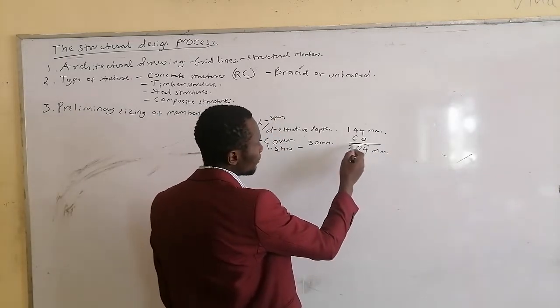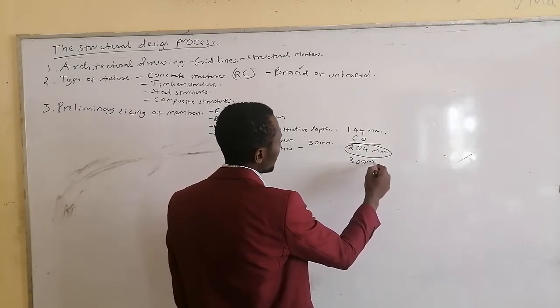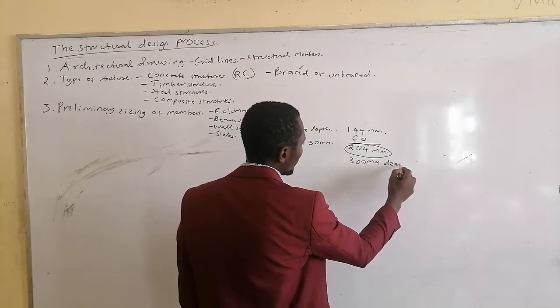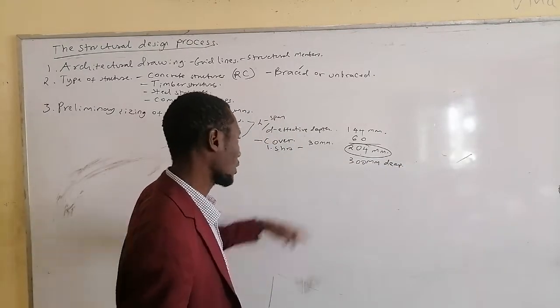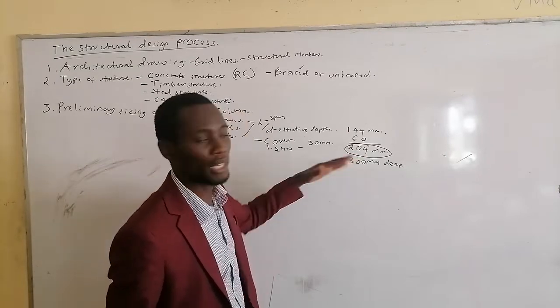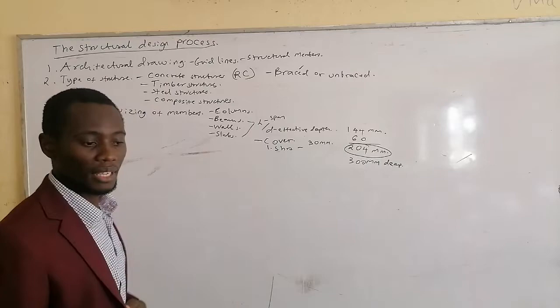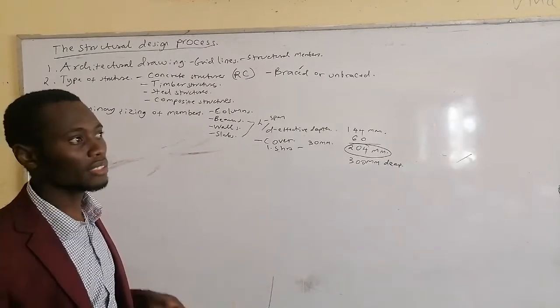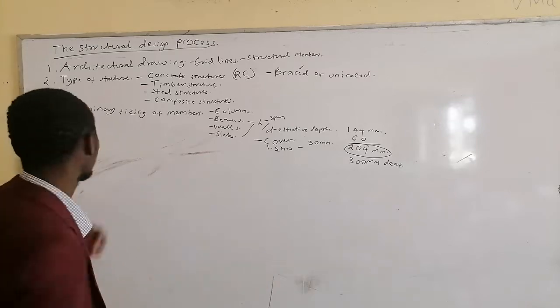Therefore, we will have something greater than this in our beam, let's say a 300 millimeter deep beam. And we can start with that as we carry out the design. We can try 250, and if it fails, then we can make it 300. So this is the third step, where you just choose your members because you are going to use them in your design.